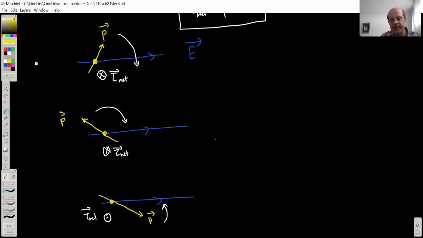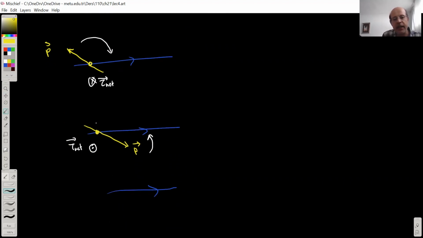So this basically tells you that in general, the electric dipole moment tends to orient parallel to the electric field. This is the stable orientation, because in that orientation, net torque is equal to 0.